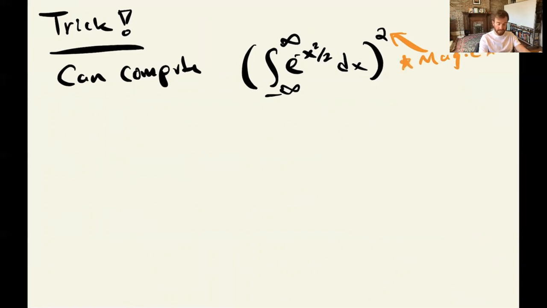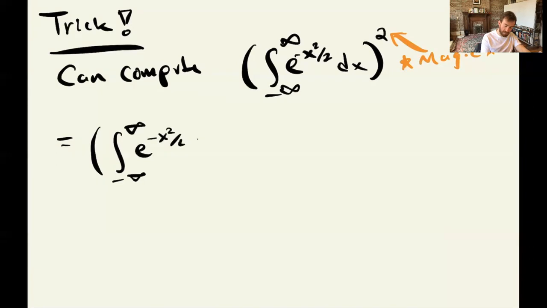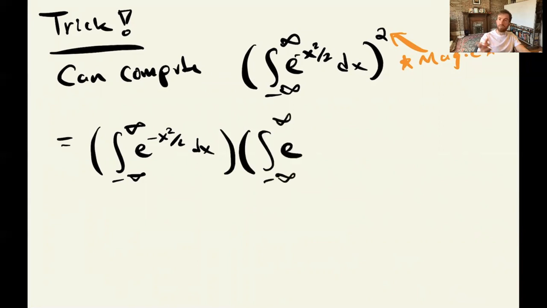Okay. Now, why is this the magic trick? Well, I'm going to write out what it means to square this in a slightly different language. Suppose I just write the same expression by itself. But now I'm going to recognize that because I'm integrating out the variable, it doesn't matter what I choose. So let me use a different variable, y squared over 2.